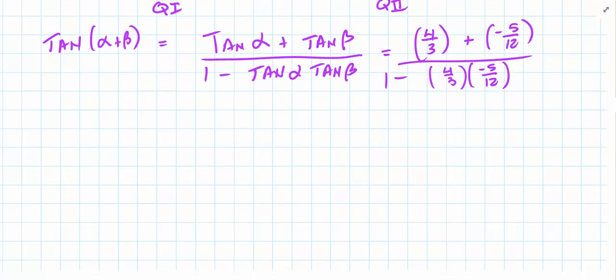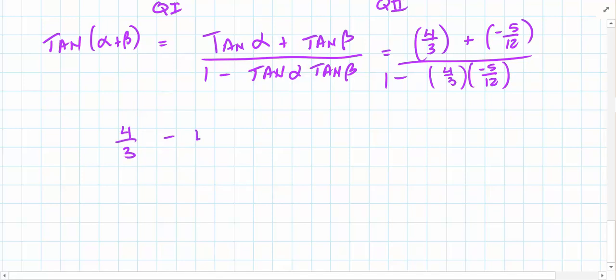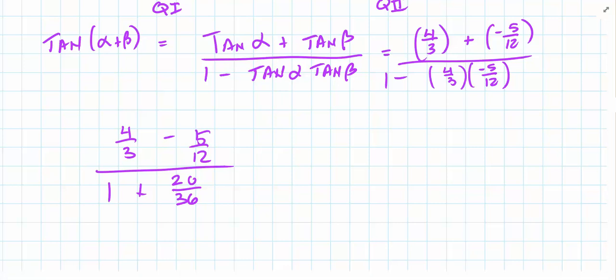So I've got 4/3, minus 5/12, divided by 1 plus 20 over 36. It's a negative times a negative. All right, let's get a common denominator. What's the common denominator for 3 and 12? Maybe 12. So this piece needs a what? This needs a 4/4. Very good.